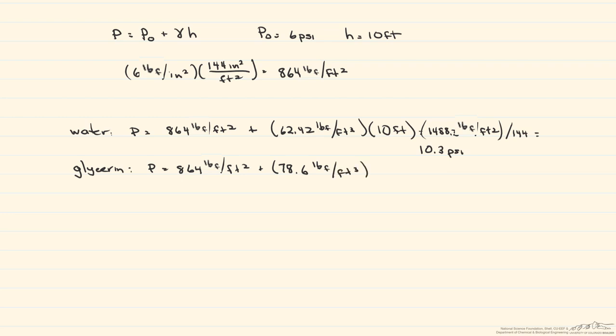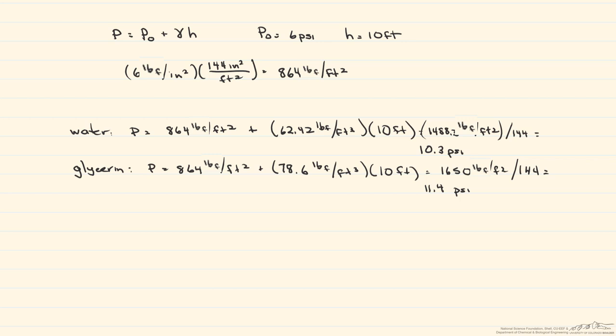And again, we multiply this by the height, which is 10 feet. And this ends up being 1,650 pounds per feet squared. And again, we divide it by 144. And so now the pressure at the bottom of the tank, if the fluid is glycerin, is equal to 11.4 psi, or pounds per square inch.